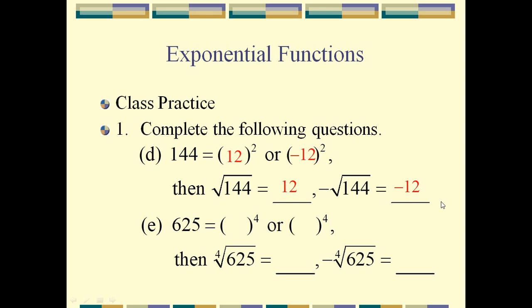They have the same magnitude. The number is the same, but they are on opposite sides. For 625, you can find it is equal to 5 to the power 4 and also negative 5 to the power 4. So you will get 2 answers, 2 roots, the 2 fourth roots of 625: 5 and negative 5.